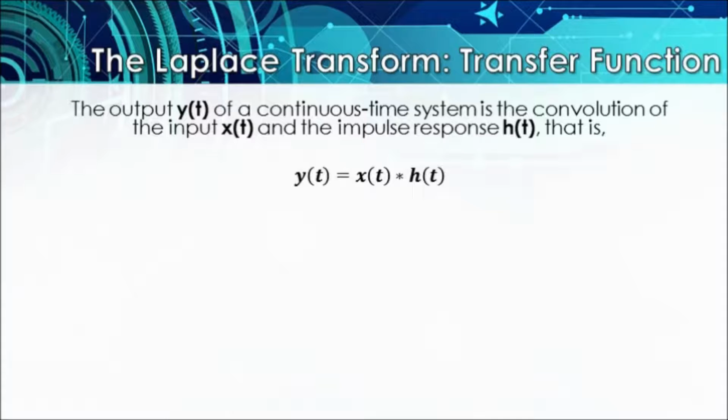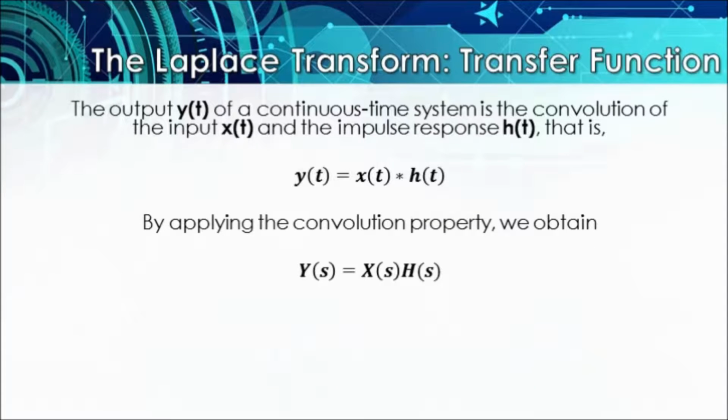By applying the convolution property, we can obtain Y(s) = X(s) times H(s), where H(s) is equal to the ratio of output response Y(s) and input X(s). This representation of H(s) is known as the transfer function or system function of the system. The transfer function of a system describes how the output behaves with respect to the input.